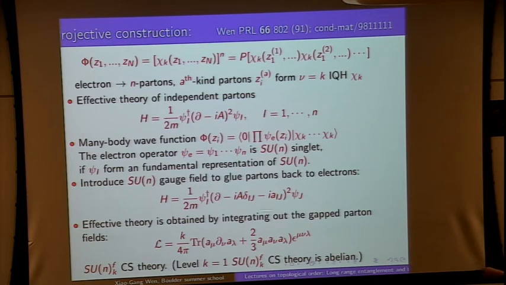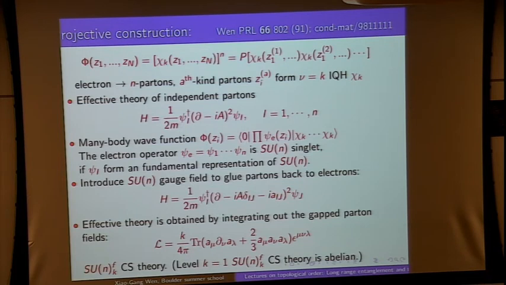So now we have a parton theory seeing a uniform magnetic field, but also seeing this SU(N) gauge field. And now we can perform a field theory trick. Usually we would integrate out the SU(N) gauge field first to go back to the Fermion electron theory. But here we don't do that.